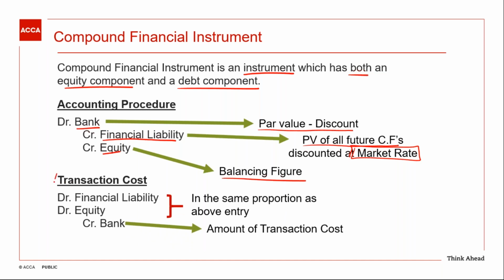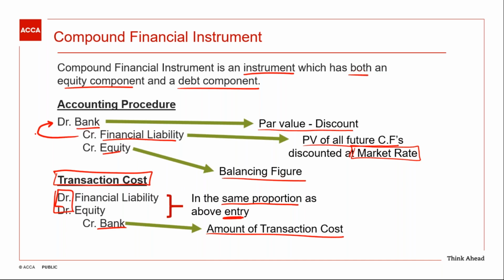And then we allocate the transaction cost by crediting the bank by the amount of transaction cost and debiting both liability and equity in the same proportion as the above entry. So the amount of liability divided by bank will be the percentage of the liability.